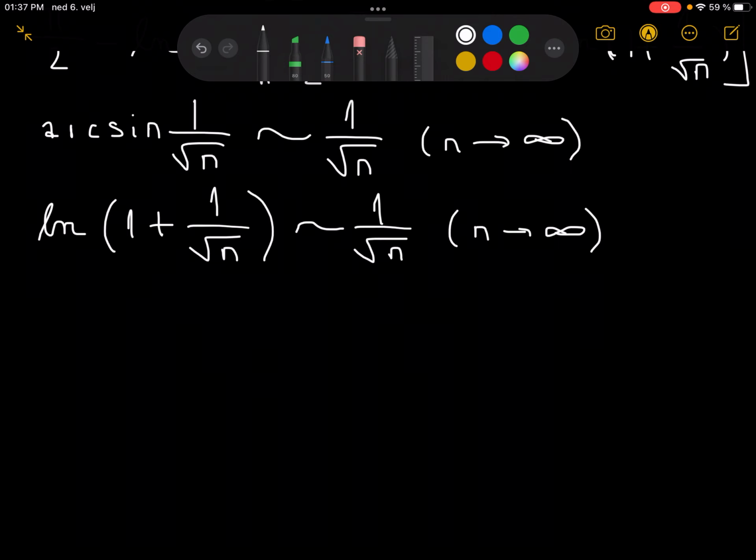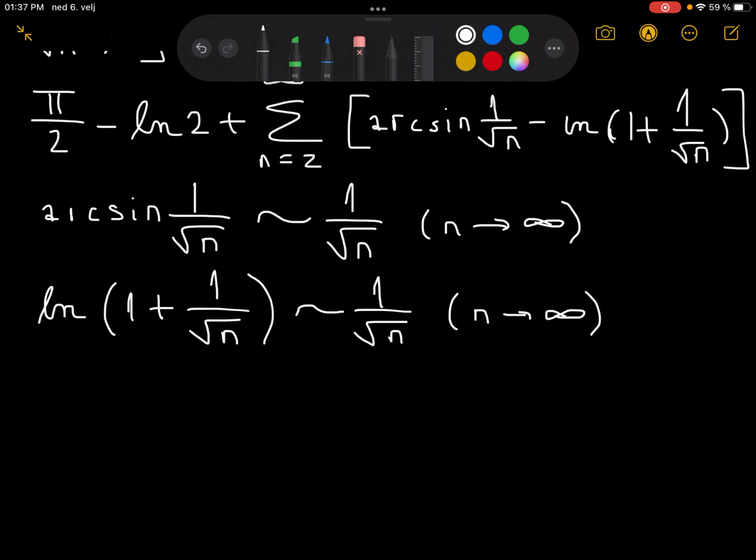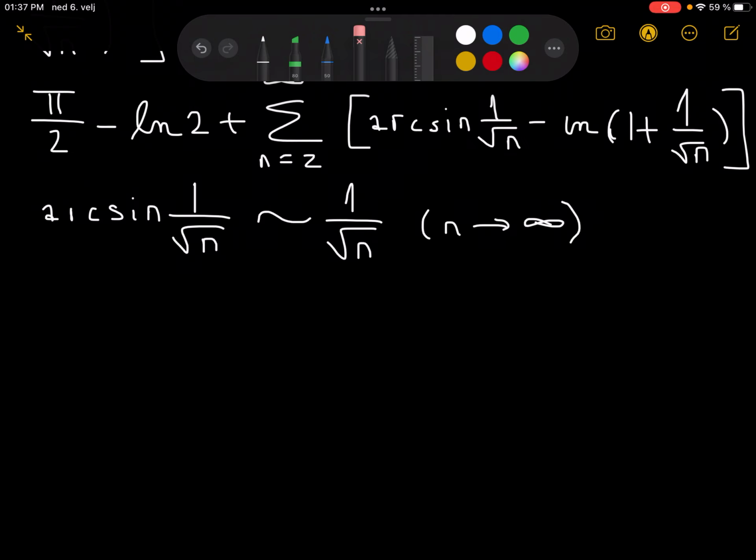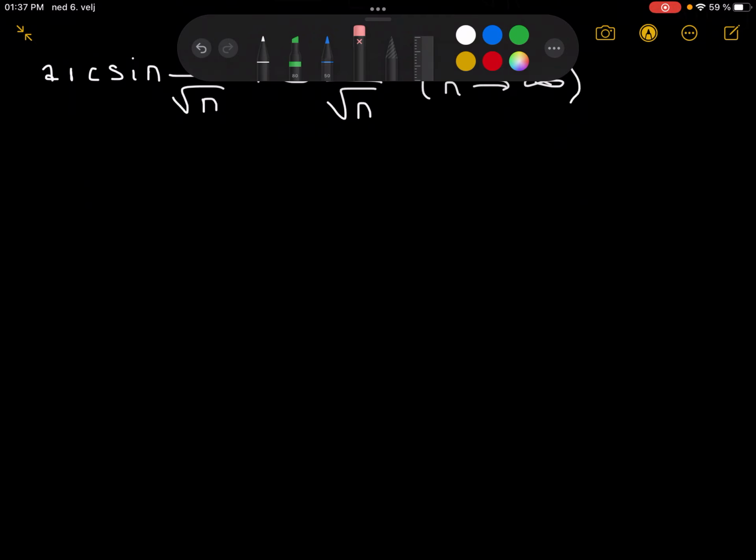Okay, so if we were to put in these two values into here, we would just get 1 over the square root of n minus 1 over the square root of n, so that wouldn't make much sense. So instead of doing that, what I'm actually going to do is write ln of, let's say, 1 plus x.